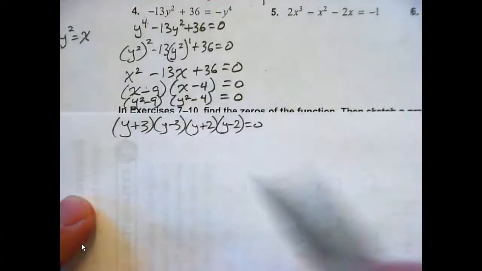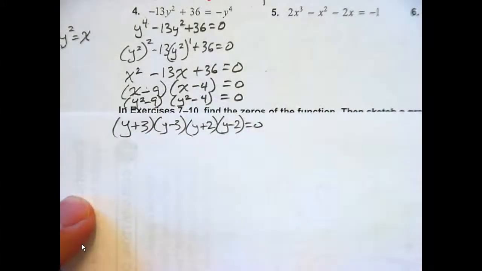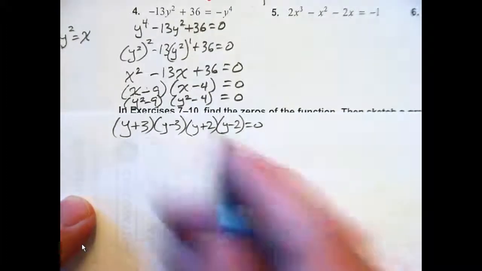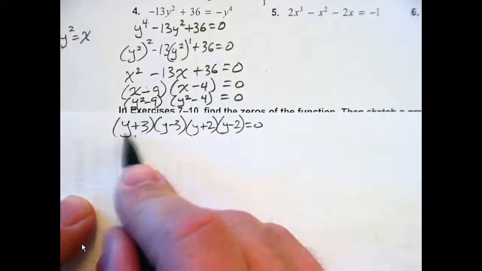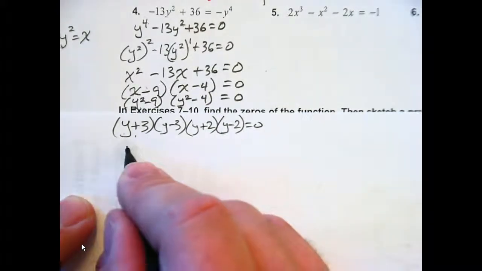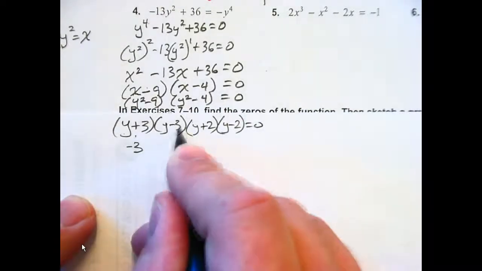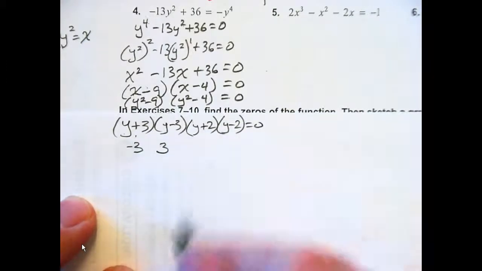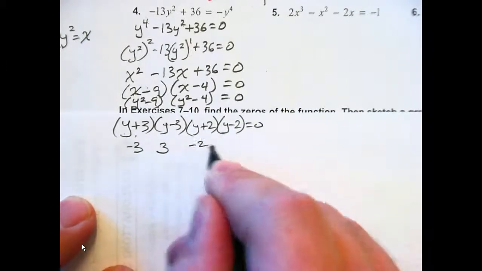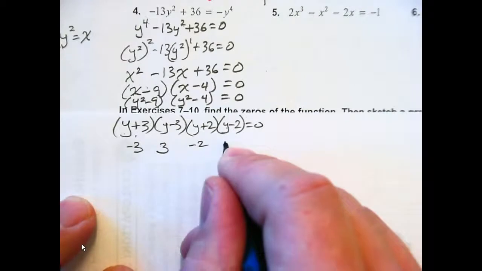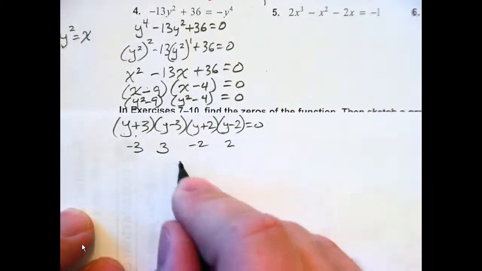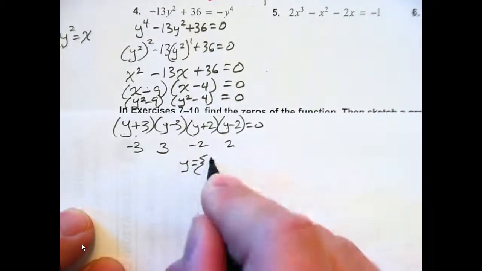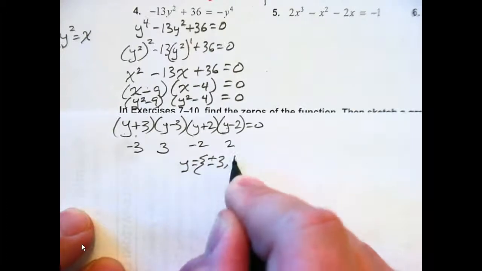It says solve, so you could have just set them both equal to 0 and solved using square roots rather than factoring. Either way, what plus 3 is 0, negative 3. What minus 3 is 0, positive 3. What plus 2 is 0, negative 2, and what minus 2 is 0, positive 2. So our solutions: y equals plus minus 3 and plus minus 2.